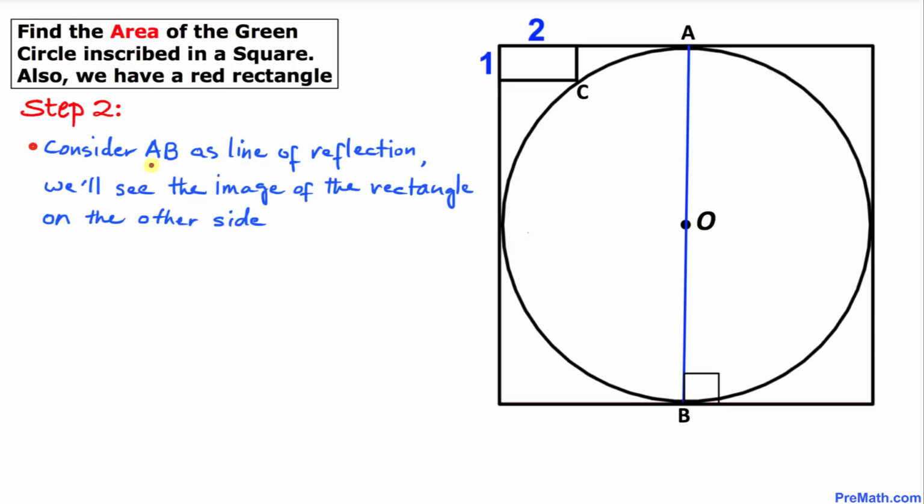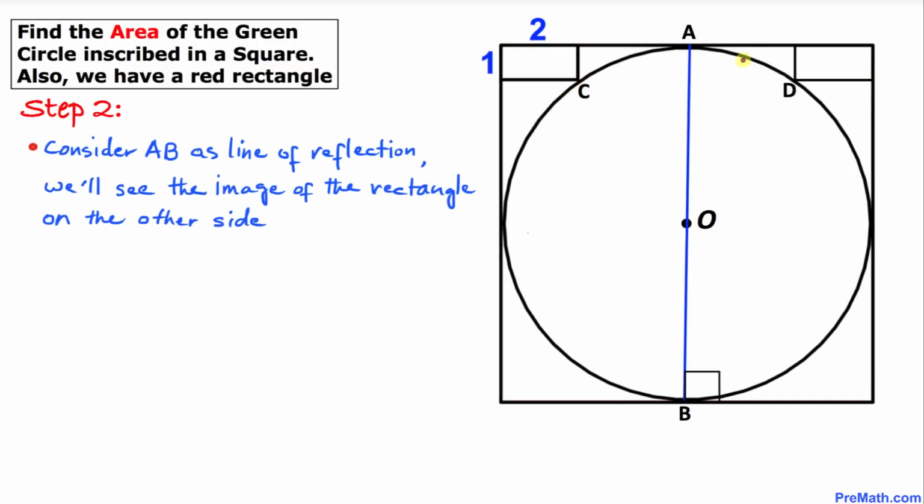And here is our next step. Let's consider this diameter AB as a line of reflection. Then we will see the image of this rectangle on the other side, as you can see over here. Then as we can see, the dimension of this image rectangle is also going to be 2 and 1.